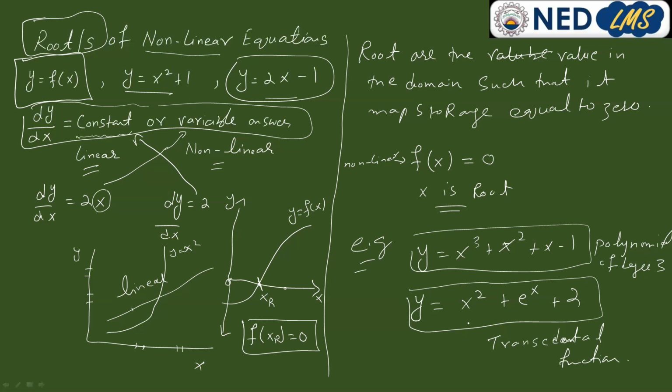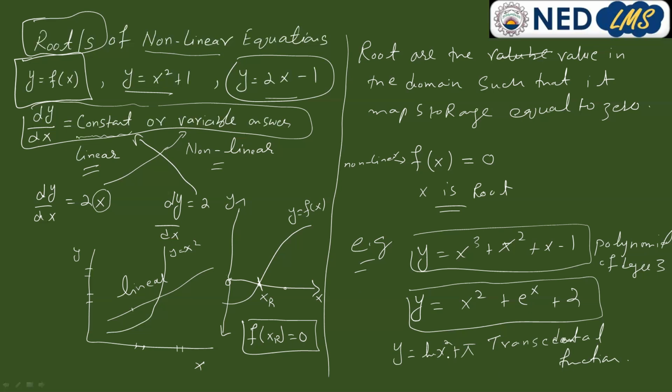For example, if you have an equation y equal to x ln x plus something with pi, this equation is nonlinear, and not only that, it is also called a transcendental type.